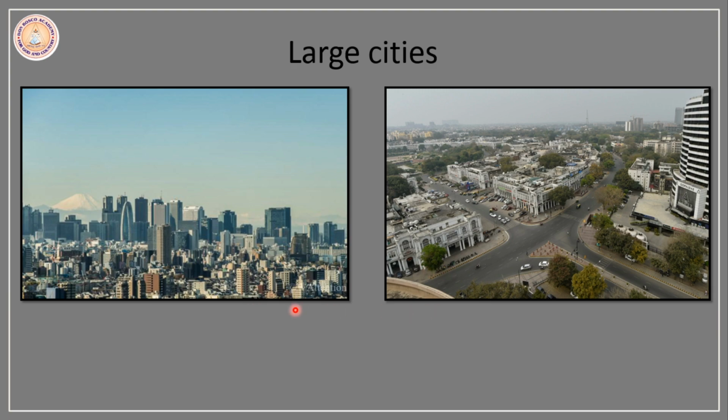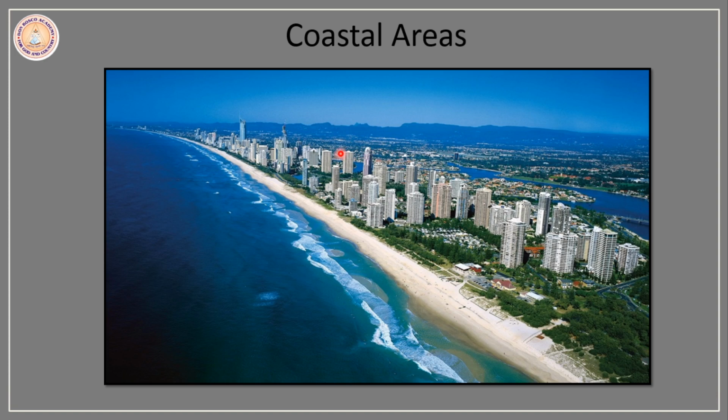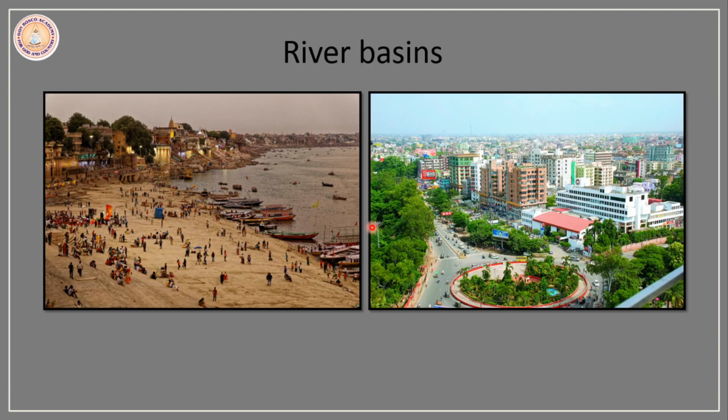Similarly, coastal areas too will have a very high density of population. River basins, this is a picture of Varanasi, that is along the river Ganga. Here also we find a very high density of population.